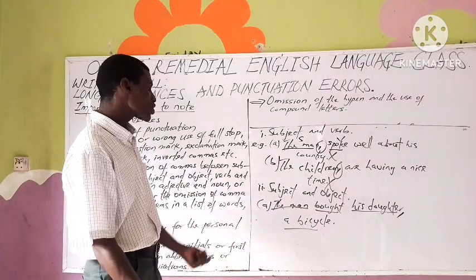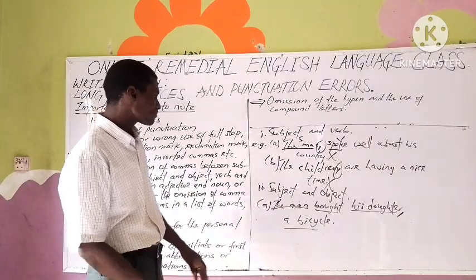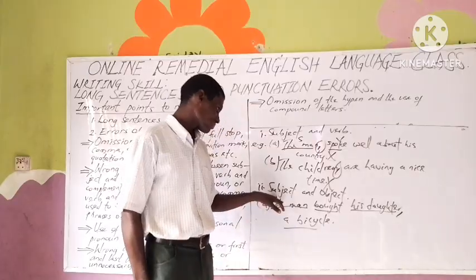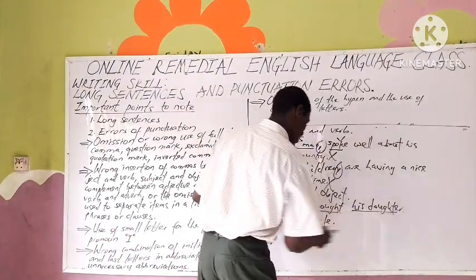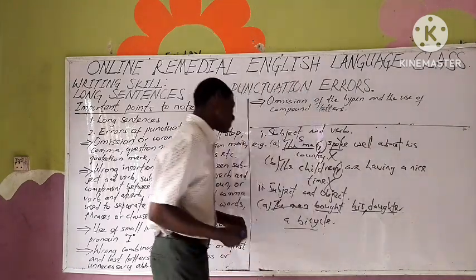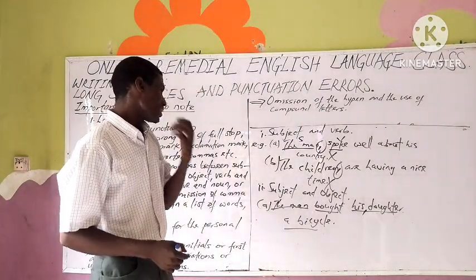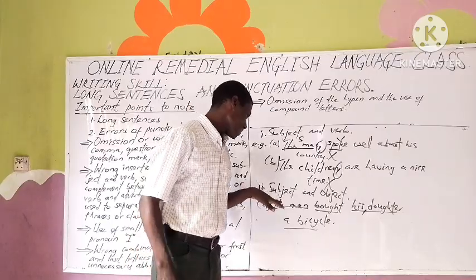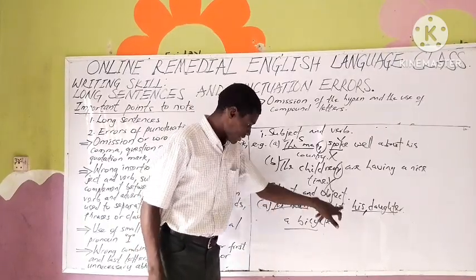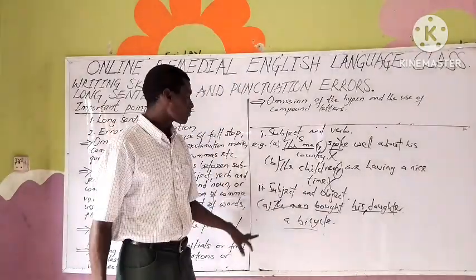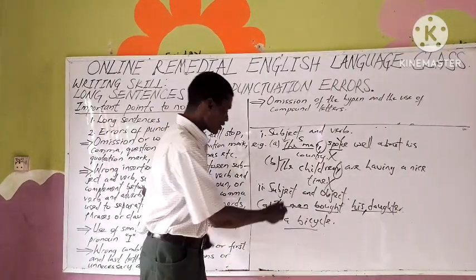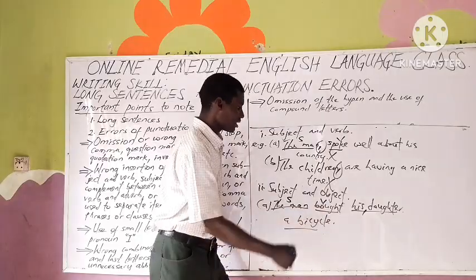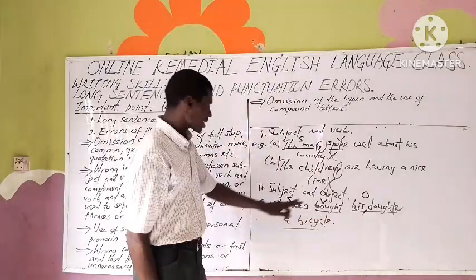Because you want to put a comma between a subject, okay, maybe it should be here, or it can be here too, between a subject and object. This is your S, this is your V, this is your O. Now look at this.